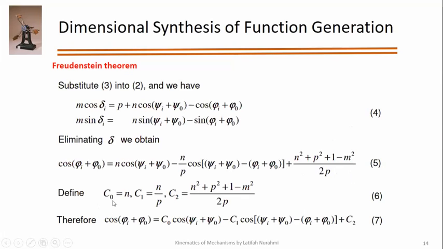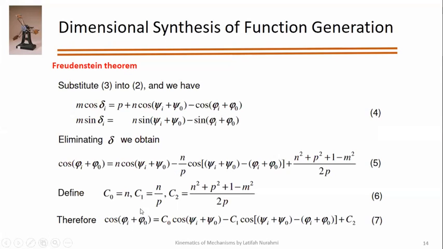And here we are defining that N is nothing but we are writing it as another constant C naught, N by P as C1, and C2 is another constant which is N square plus P square plus 1 minus M square. Okay, so eliminating part, I think you know what you have to multiply and how you will eliminate it.